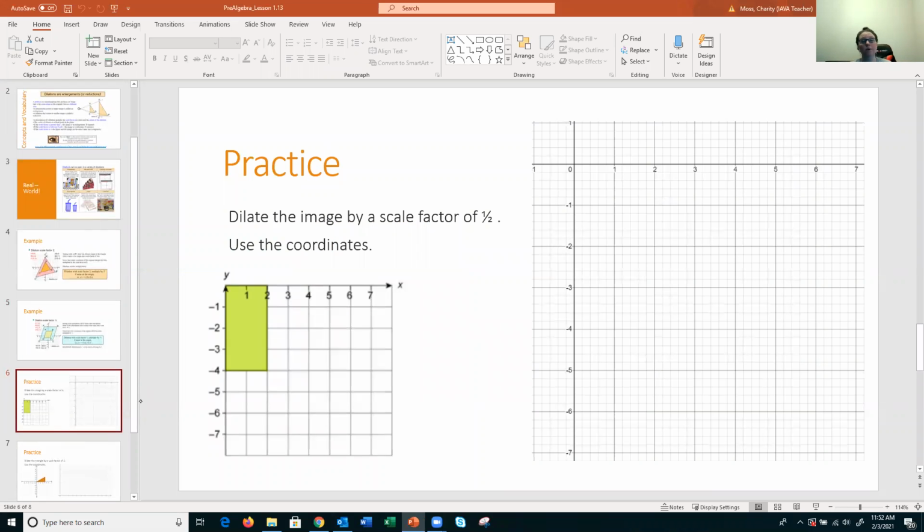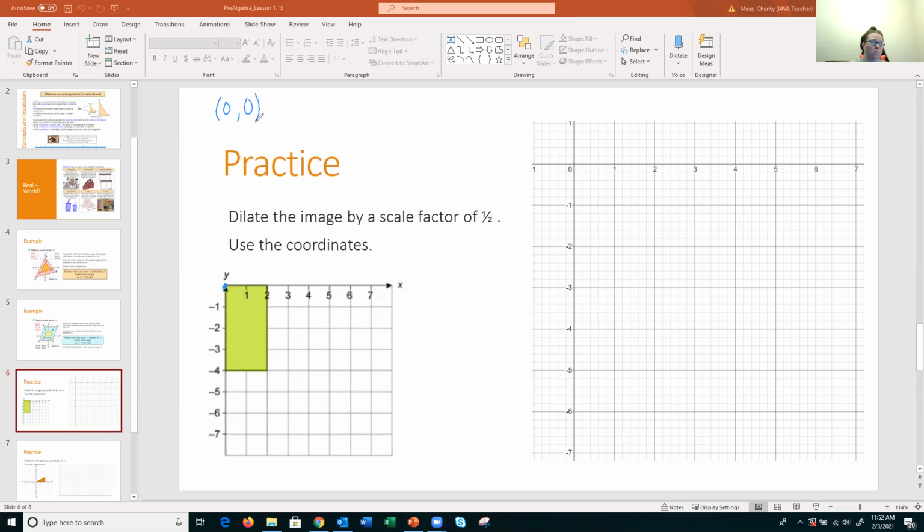All right. So this one is a dilate the image by the scale factor of 1/2. We can use the same rule that we just did on that last one. Figure out our current coordinates, multiply them all by 1/2, and we get our new coordinates. So this would be 0, 0.